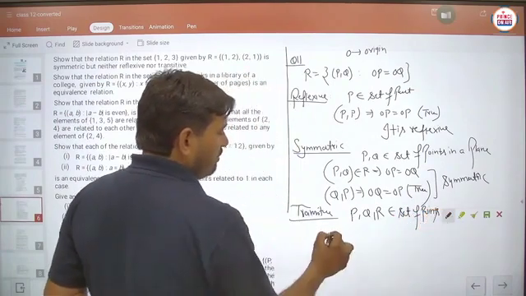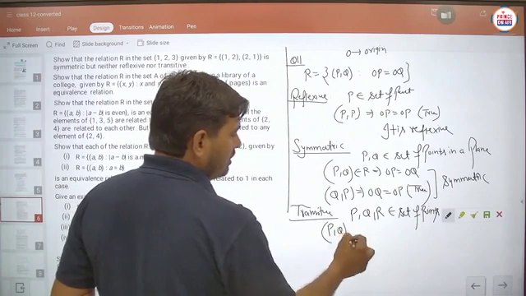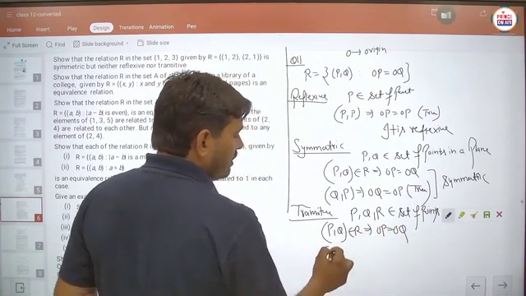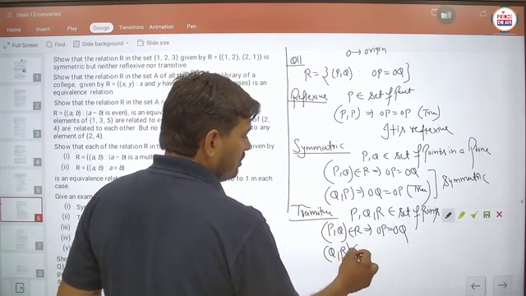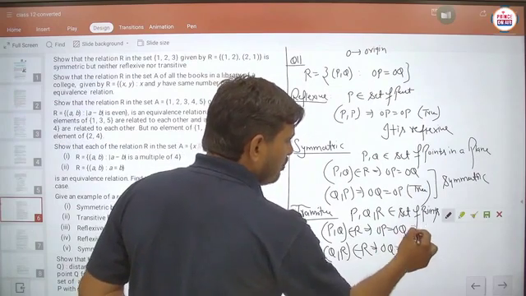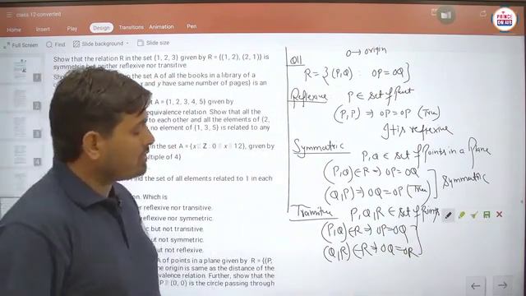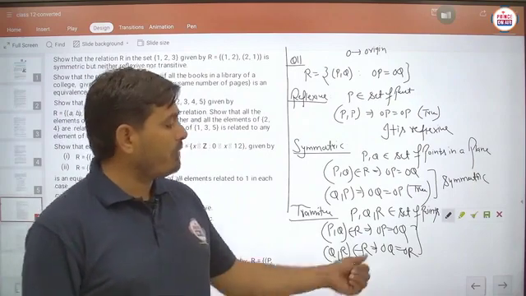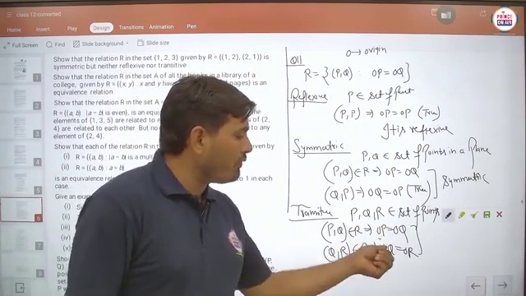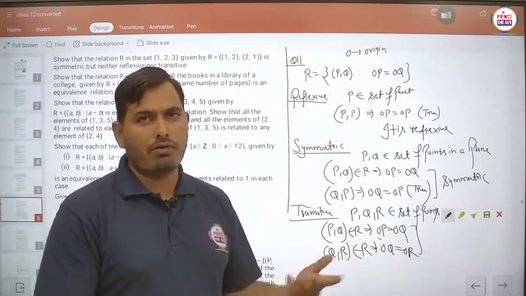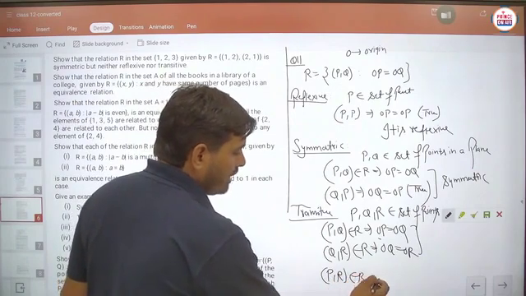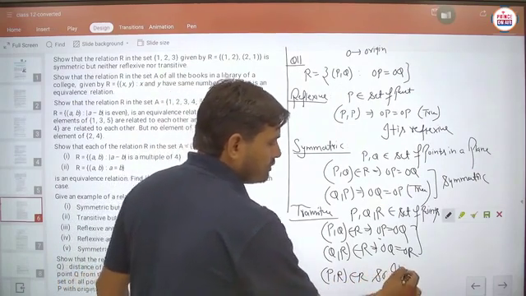So basically (P, Q) belongs to R implies that OP = OQ, and (Q, R) belongs to R implies that OQ = OR. Both ordered pairs specify that the distance of point P from the origin equals the distance of point Q from the origin, and the distance of point Q will also equal that of R. So definitely, student, (P, R) also belongs to R. So it is transitive.